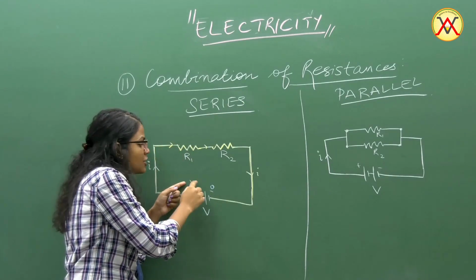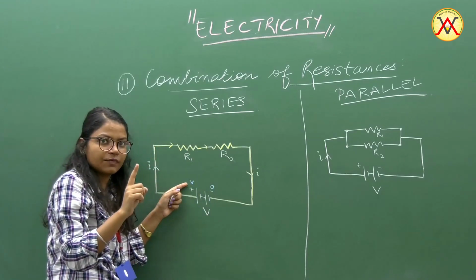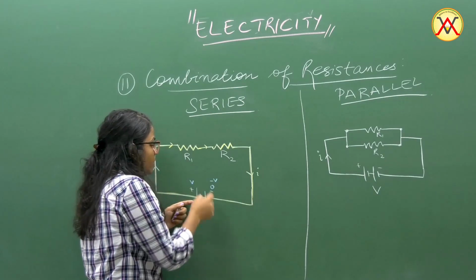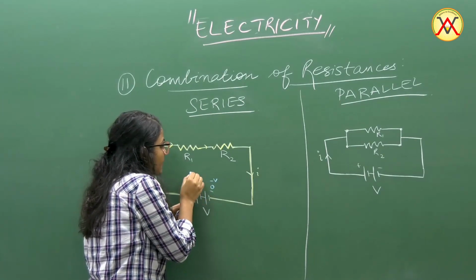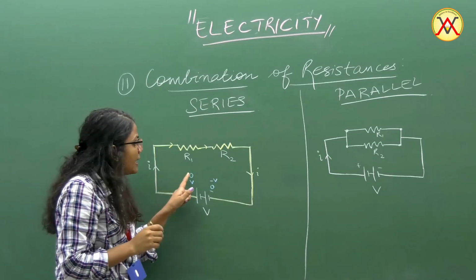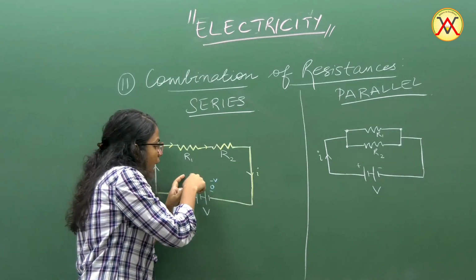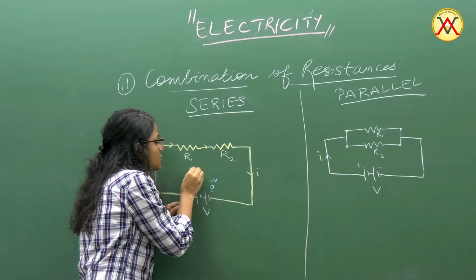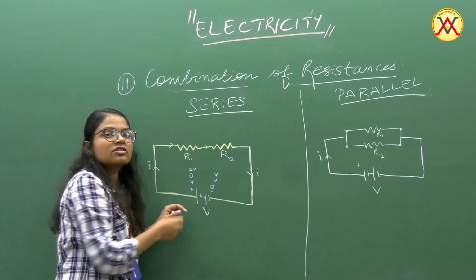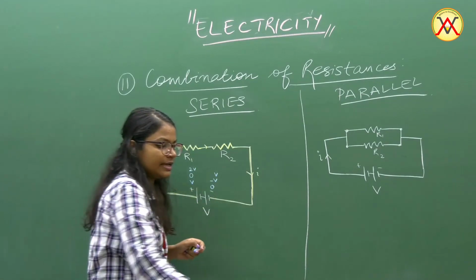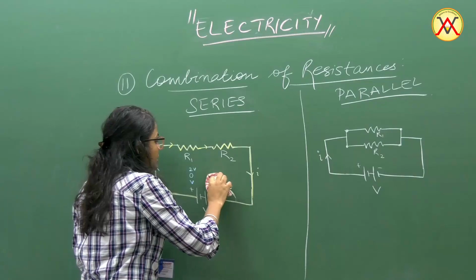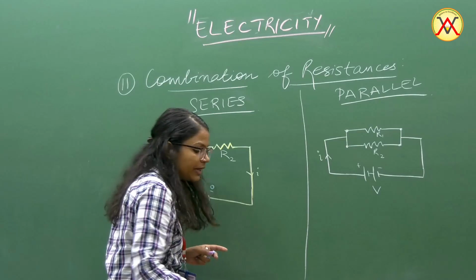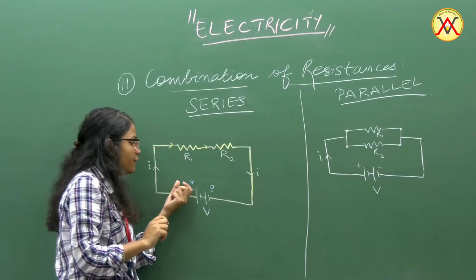Then the potential difference will be V minus 0, that is V. If the negative is at minus V and the positive terminal is at 0, then our potential difference would again be higher minus lower, which is V. If this is 2V and this is V, then again the potential difference is V. So for our convenience, we are taking the first case where we consider the negative terminal to be at 0 potential and the positive terminal to be at V.